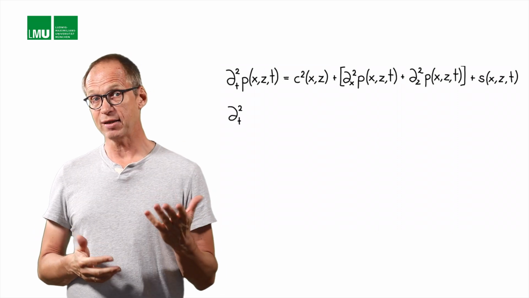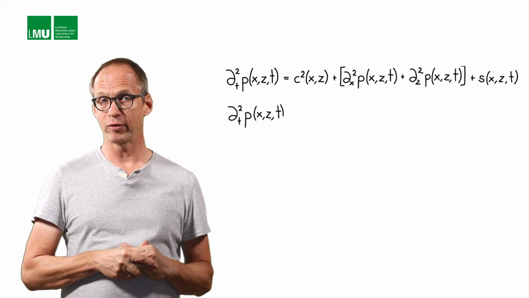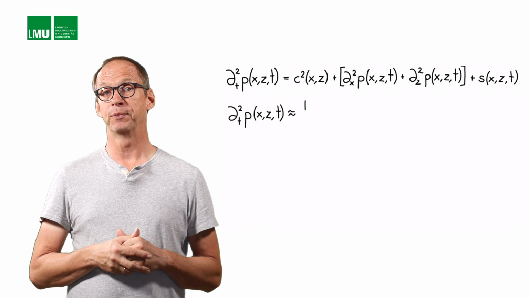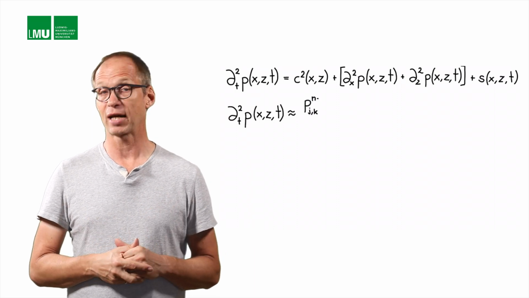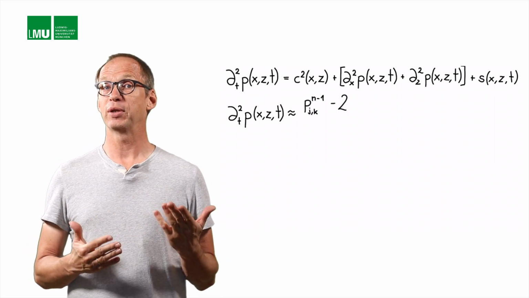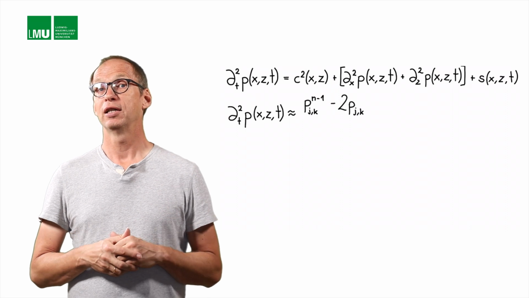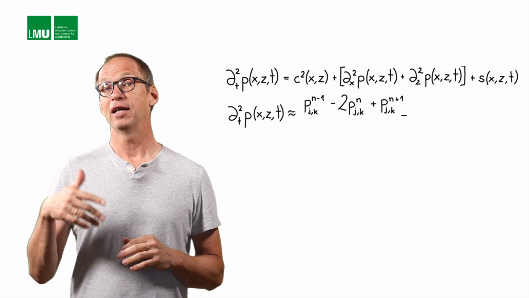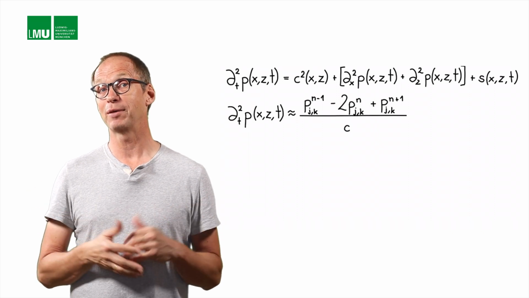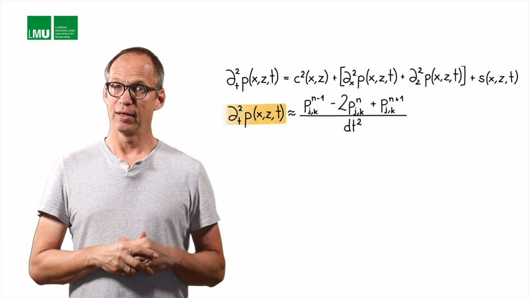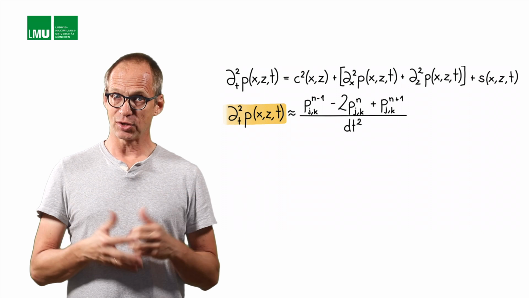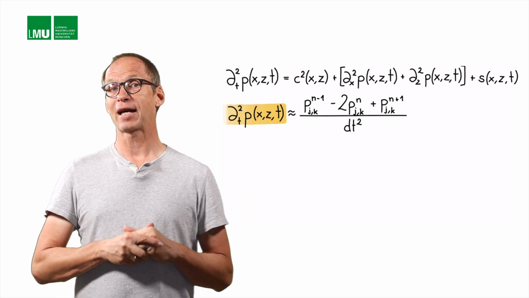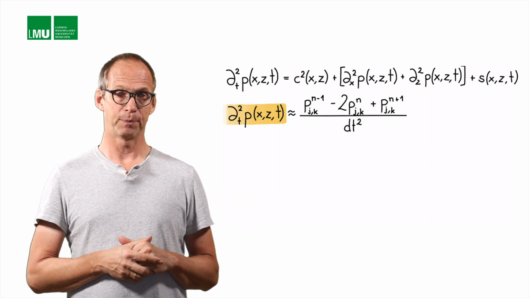So we replace the second time derivative by the approximation for the second derivative. So for that, we need, of course, the time levels p of n minus 1, p of n, and p of n plus 1, and we divide by dt squared. That allows us to calculate the second derivative in time.